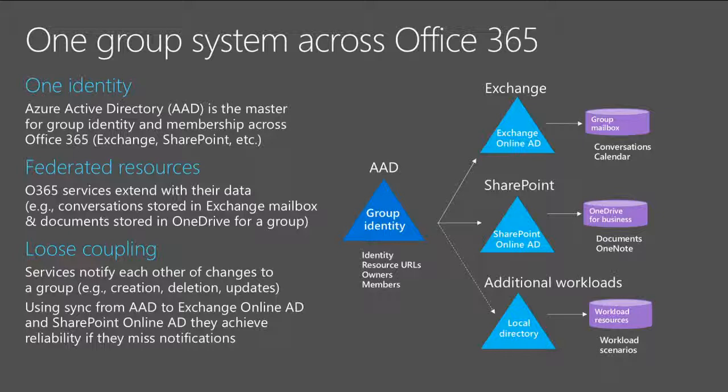You can think of forward sync as a train that runs from Azure Active Directory to each one of the services in Office 365, and it never stops. Anytime there's a change in the master identity, forward sync carries that change information and pushes it into each service very quickly. As a result of this, architecturally, everything flows downstream from the Azure Active Directory.